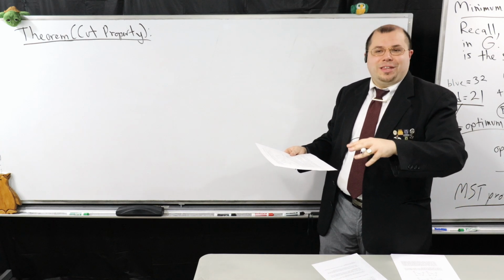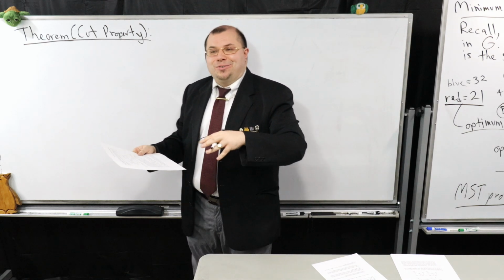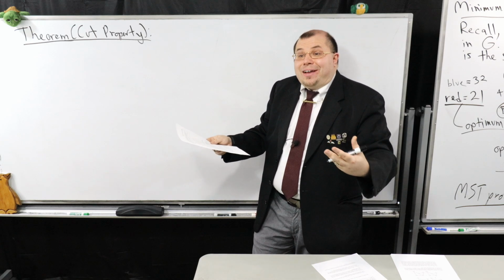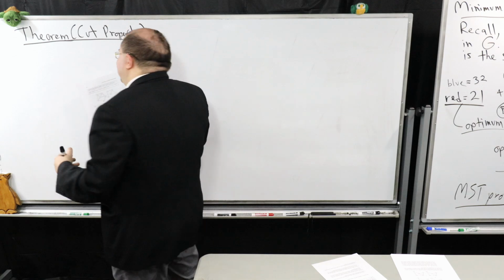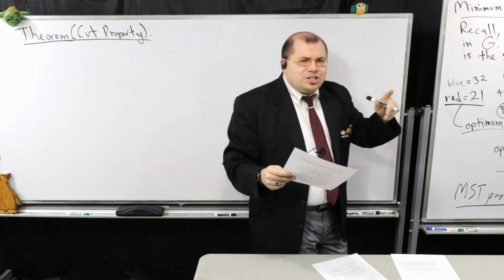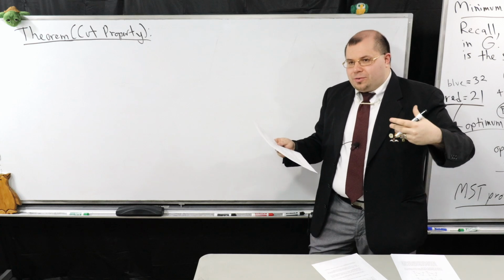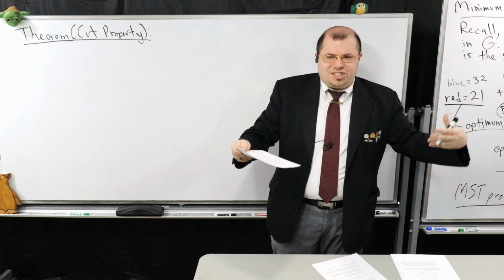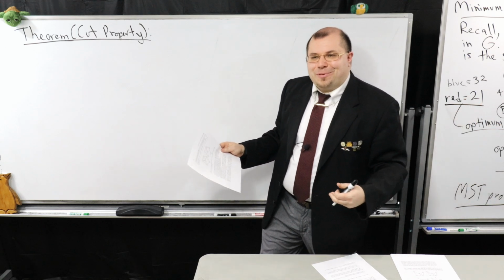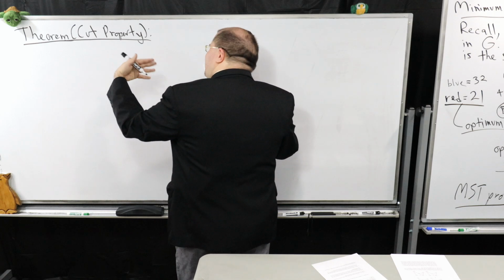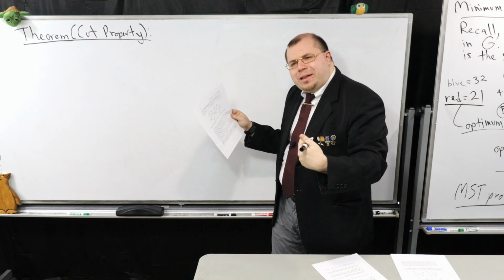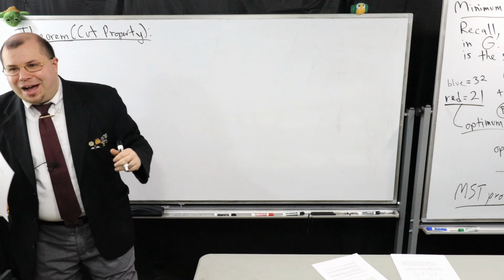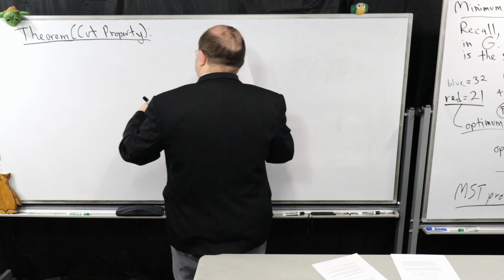I have the whole proof in the notes. I would not, by the way, ask you to reproduce this proof on an exam. I just want you to read it. It's a very interesting proof, and at its heart it gives you an underlying structure that we can exploit by developing an algorithm that says, hey, look, this thing has this property, let's exploit that to solve the problem. I'm mostly going to write this down, then parse it for you and give you some idea of why it's true. But the proof is in the notes, just to be very clear.